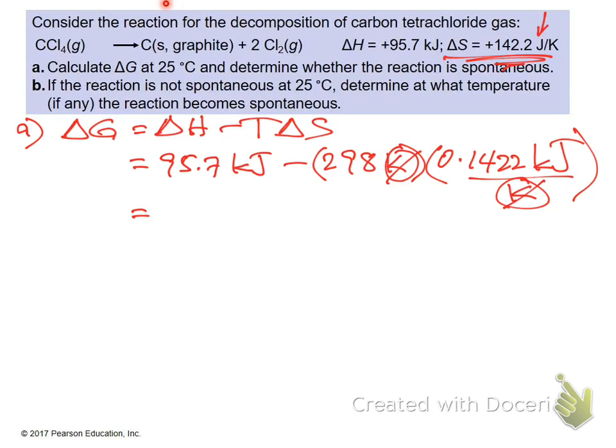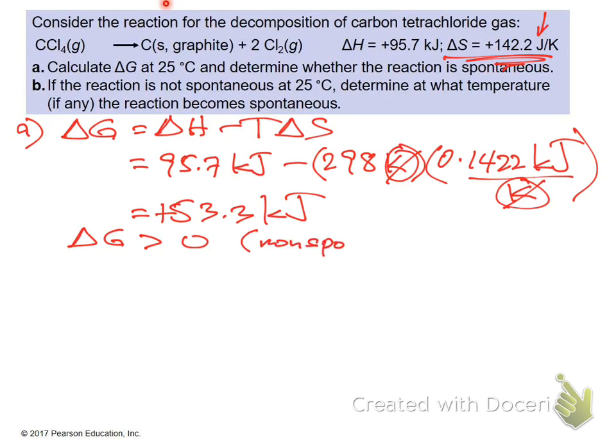And this gives us 53.3 kilojoules. All right, so as you can see, this is a positive value, right? Delta G is greater than 0. And so is this spontaneous or non-spontaneous? Non-spontaneous. So that means it requires energy to occur.